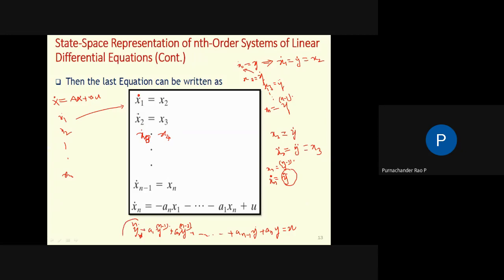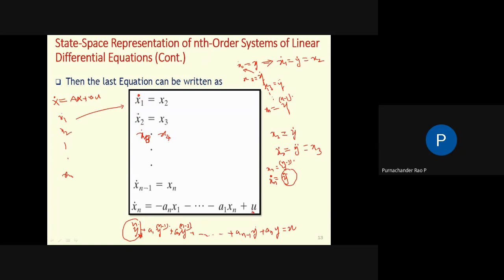So yn dot will be equal to u minus all of these terms, which are nothing but minus an into y, where y is nothing but x1, minus a(n minus 1) into x2, and so on up to a1 into xn.